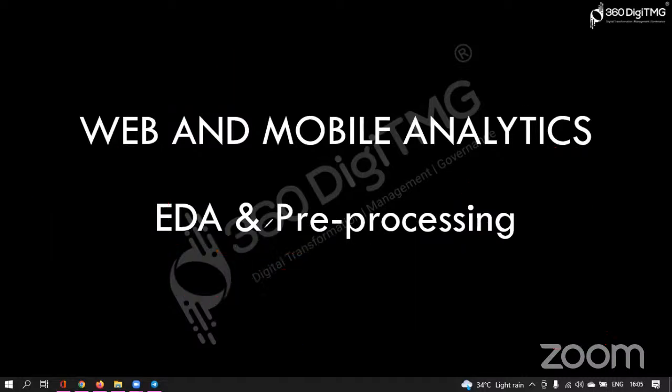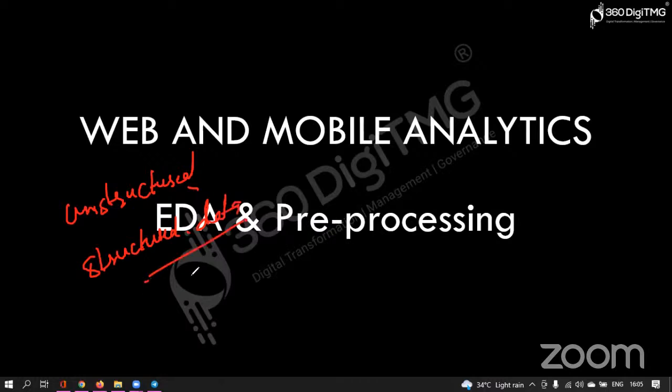We have 2 kinds of data, as you already know, whenever you are working on a machine learning model: unstructured data and structured data. When you have structured data, you will have different pre-processing techniques.